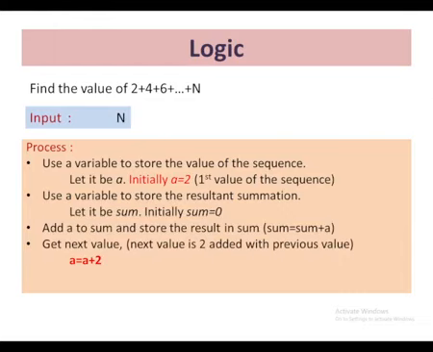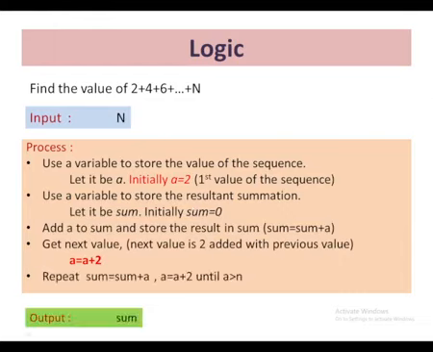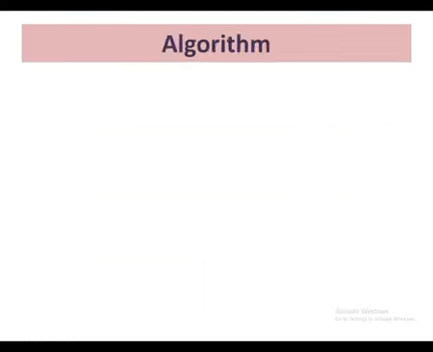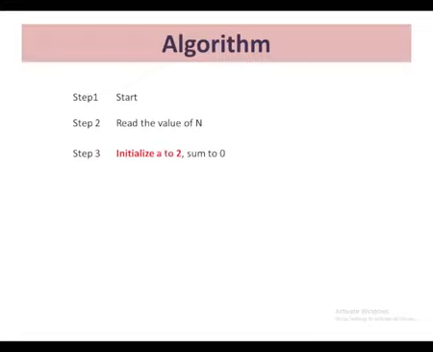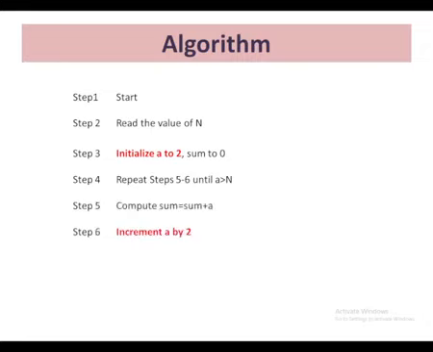So get the next value, a equals a plus 2, and you repeat these two until a is greater than n, and you get the output stored in the variable sum. So what is the change in the algorithm? You read n and initialize a equal to 2, and then repeat: increment a by 2, and display the sum and stop.